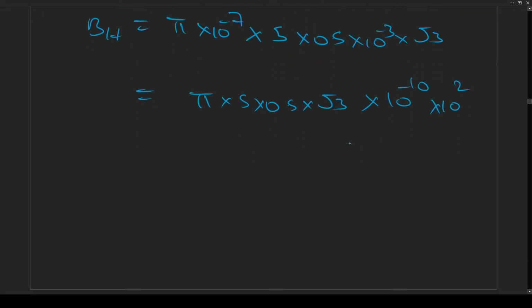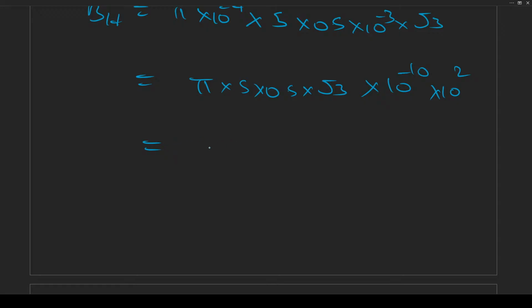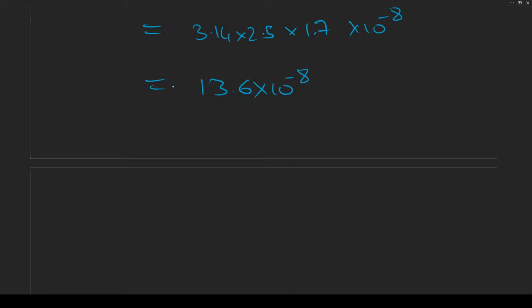This 10 power minus 2 will come up, so it will be 3.14 into 2.5 into root 3, which is approximately 1.7 into 10 power minus 8, which is approximately equal to 13.6 into 10 power minus 8, or 136 nanotesla, or 0.136 microtesla.